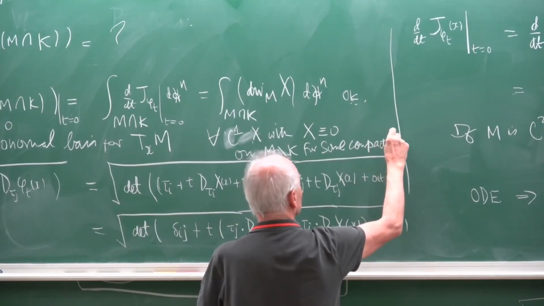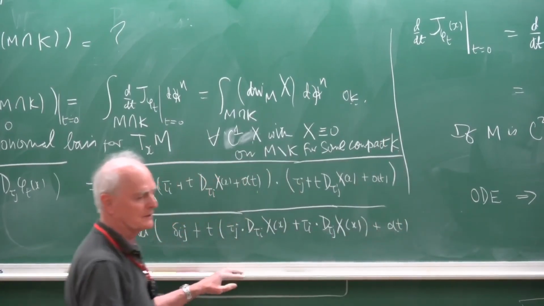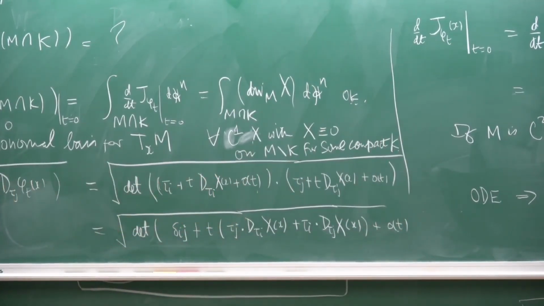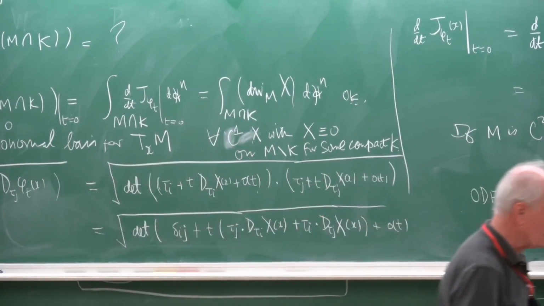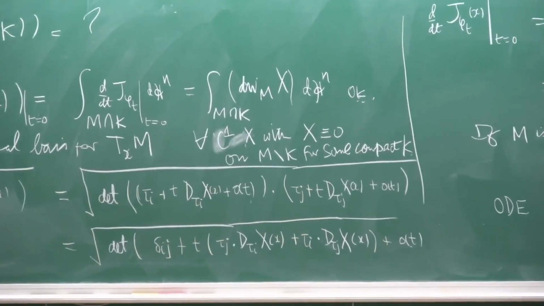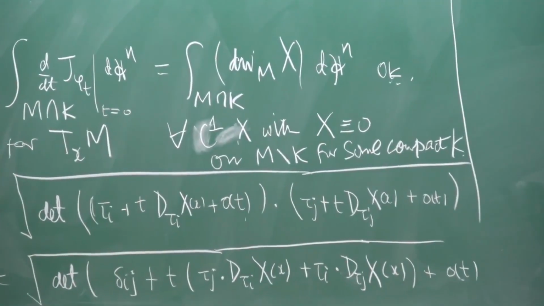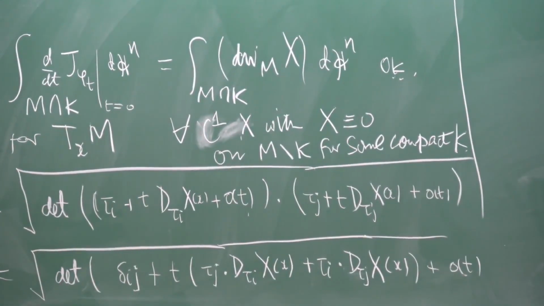It's just simply false, of course, if you don't impose such a restriction. So as long as you pick a vector field that's C1 and identically 0 outside some compact K, then this formula is correct. You get the first variation is given by this.